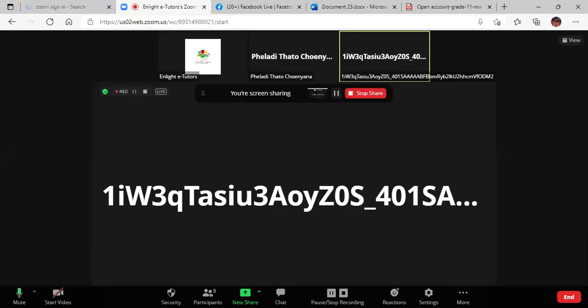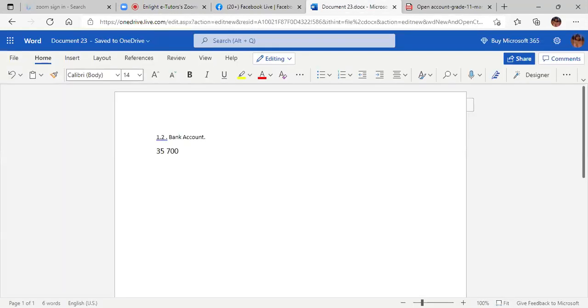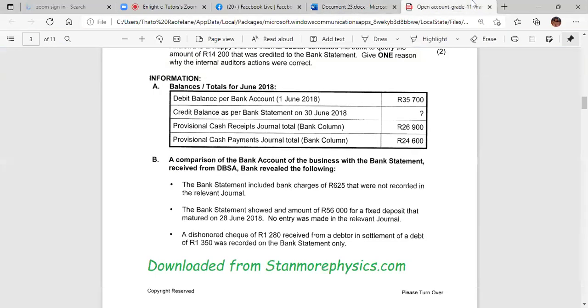I'm so sorry about that. Please tell me, guys, if you can see the memo now. Can you see the memo? Yes, on Word. Can you see the question paper? Yes.